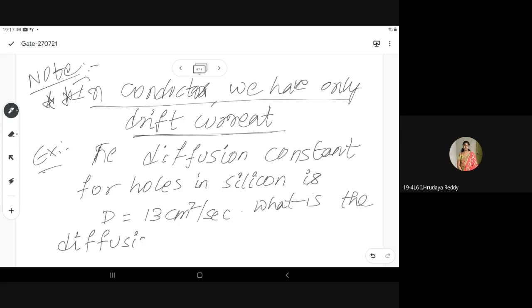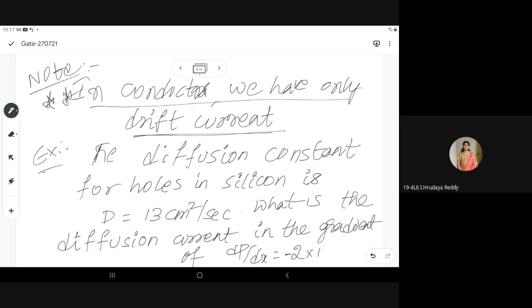What is the diffusion current in the gradient of dp/dx = -2 × 10^14 holes per cm³ per cm?